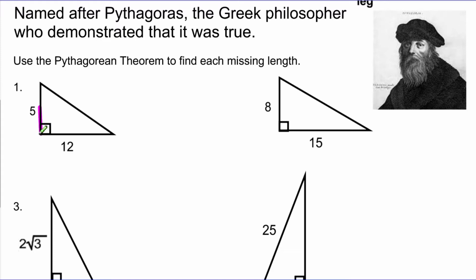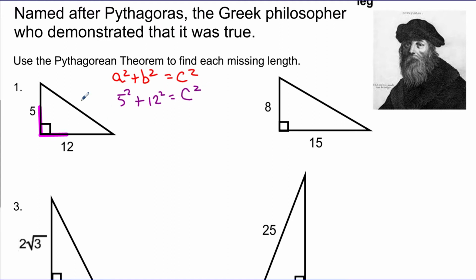So again, I'm going to highlight what I know. In this case, I know the 5 and the 12, and both of those are surrounding the right angle, which means these two sides are the legs. Plugging into the Pythagorean theorem, which says a squared plus b squared equals c squared, I know a and b. So I'm going to plug in 5 squared plus 12 squared equals c squared.